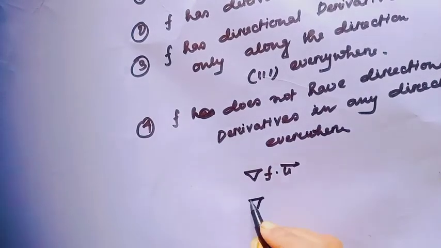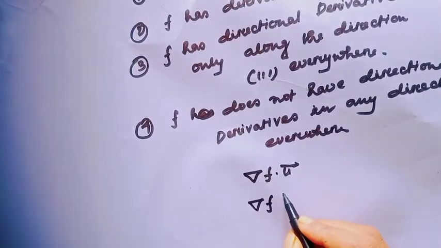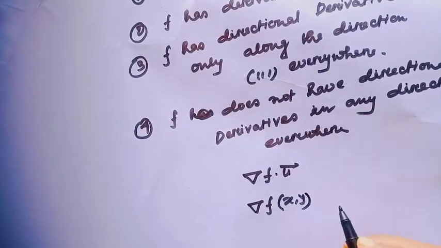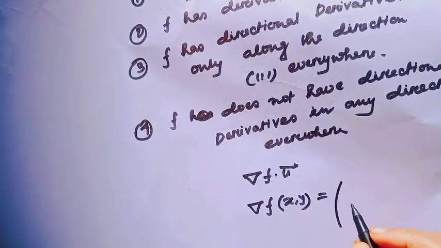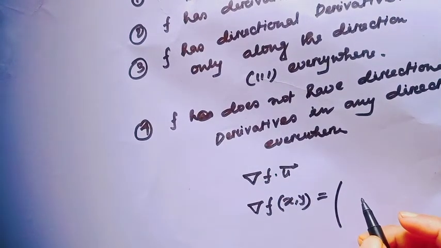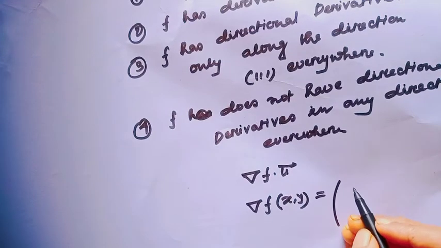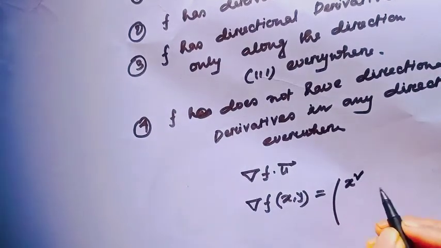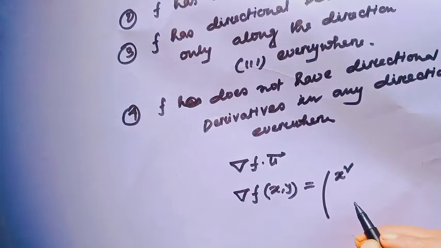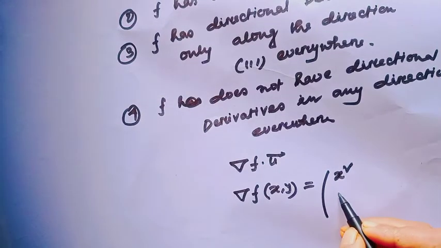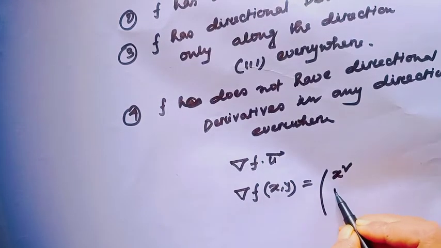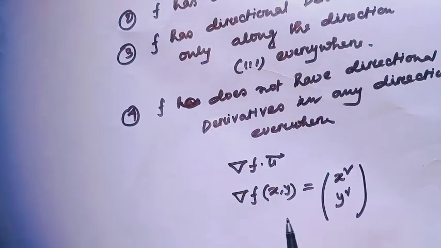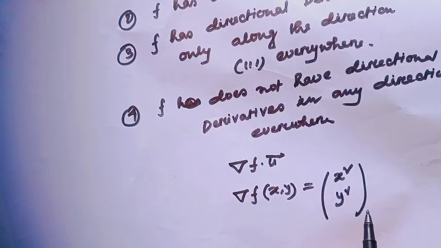We all know the gradient of f at an arbitrary point (x,y) has partial derivative with respect to x at the point (x,y) equal to x², and partial derivative with respect to y at the point (x,y) equal to y². This is the gradient at an arbitrary point.